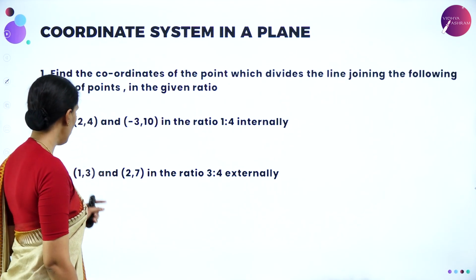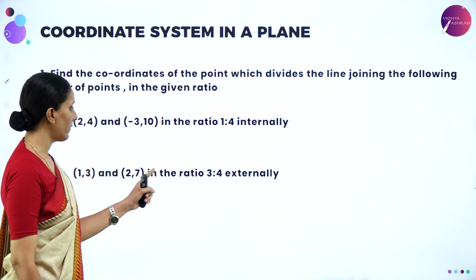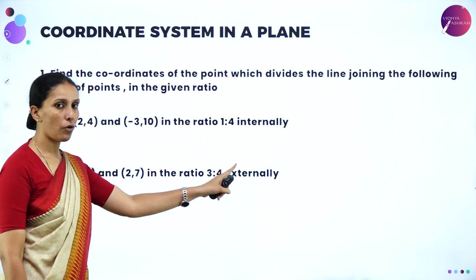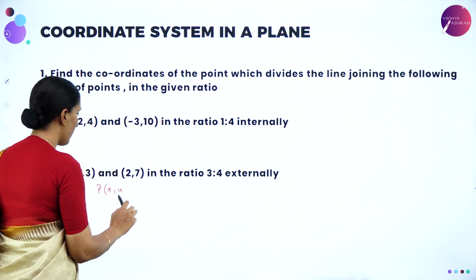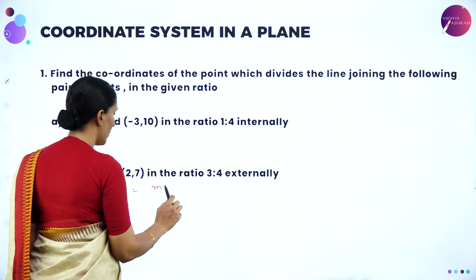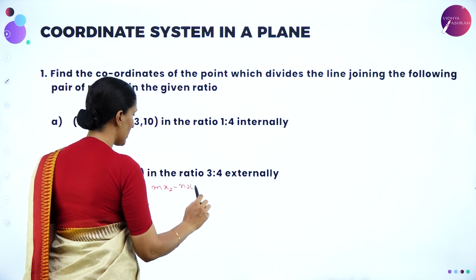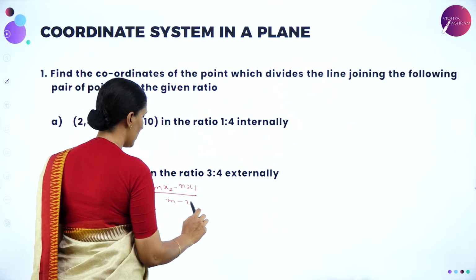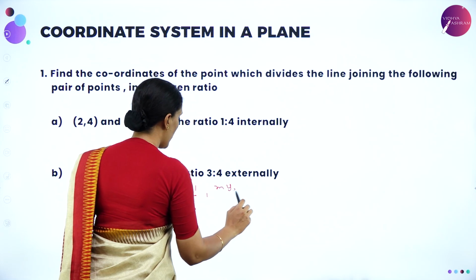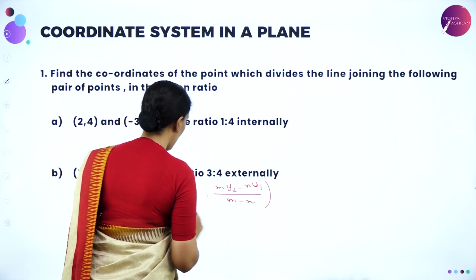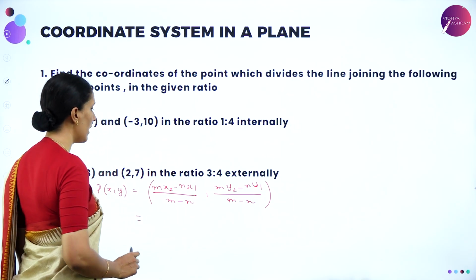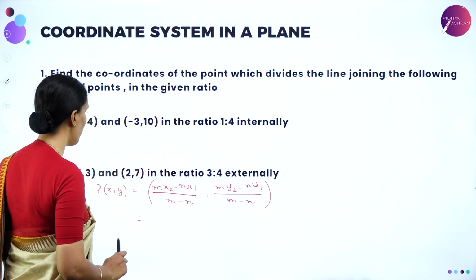Next question, we have 1, 3 and 2, 7 in the ratio 3:4 externally. Externally means point P(x, y) is equal to mx2 minus nx1 by m minus n, comma my2 minus ny1 divided by m minus n. So let us substitute m, n, x1, x2, y1, y2.